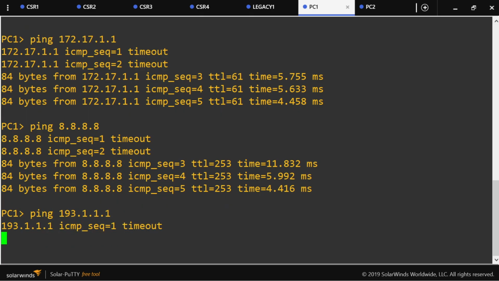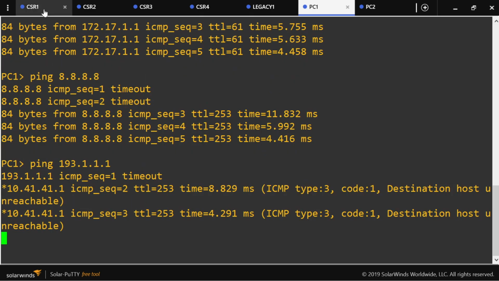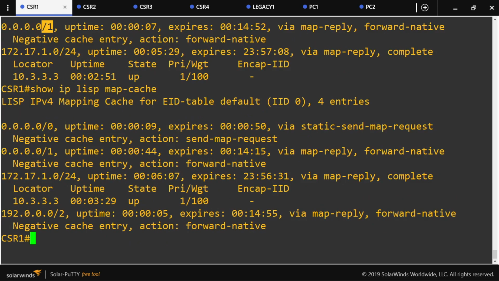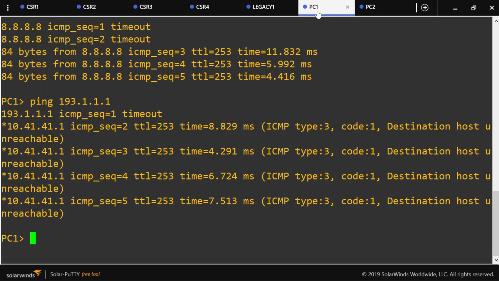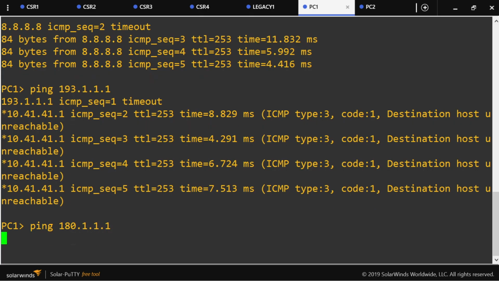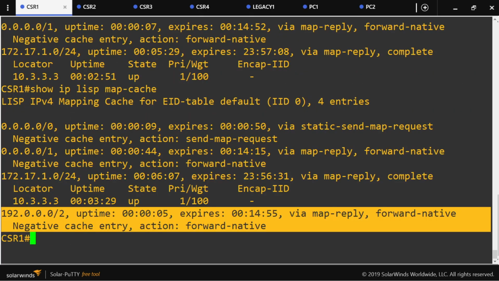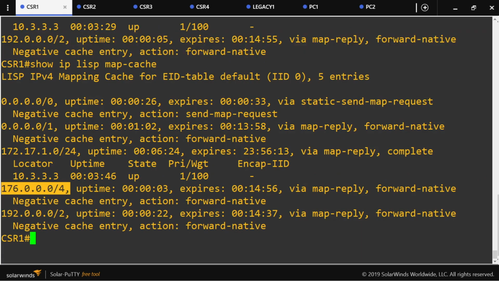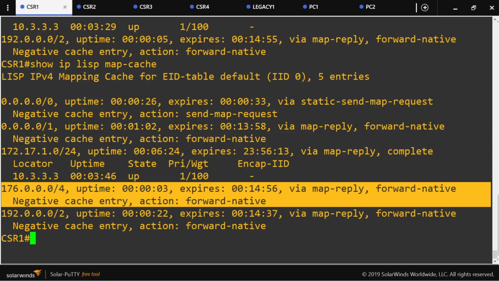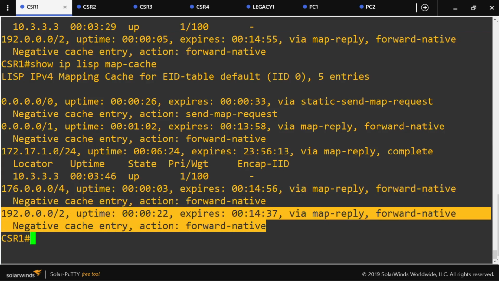I only have 8.8.8.8, but notice what entry is created for this negative cache /2. What about 180.1.1.1? So these will be entries for the negative cache for each block of internet IP addresses.